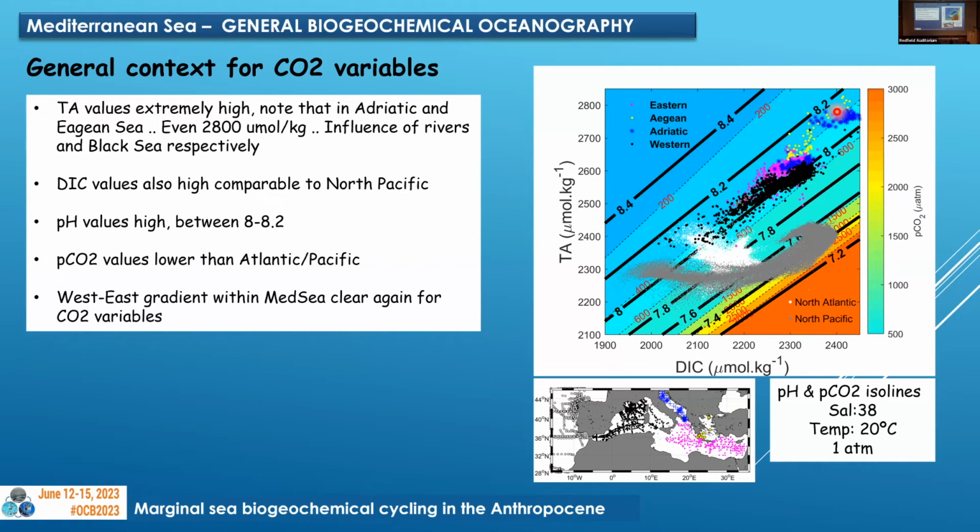In the Aegean Sea it is because of the input from the Black Sea, but in the Adriatic it is from the input from the rivers. And as well, you see that the pH values are high, between 8 and 8.2 compared to the rest of the Atlantic and Pacific basins, but the pCO2 is lower.